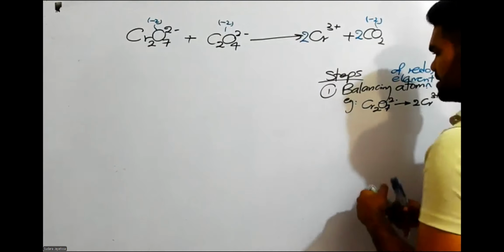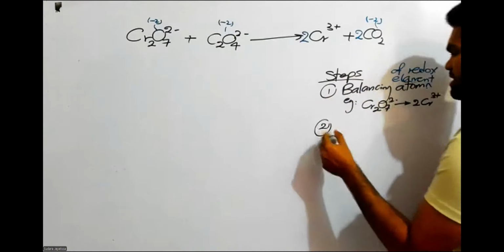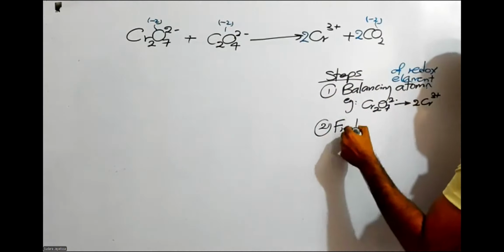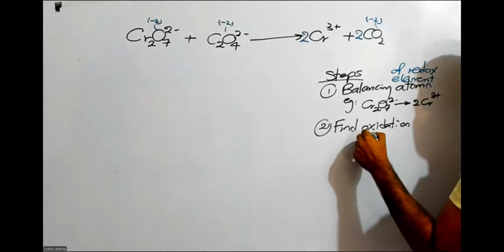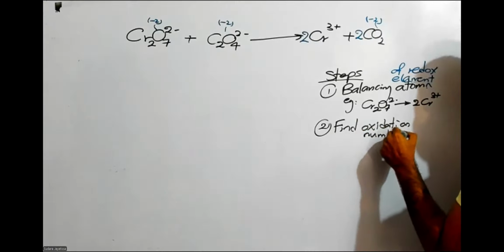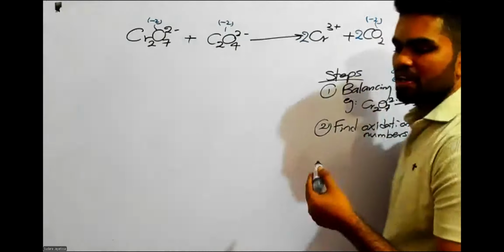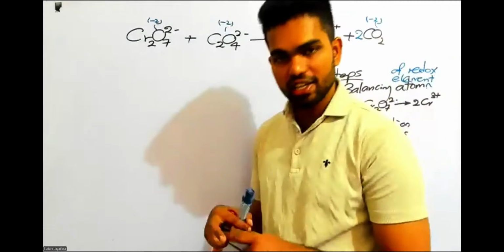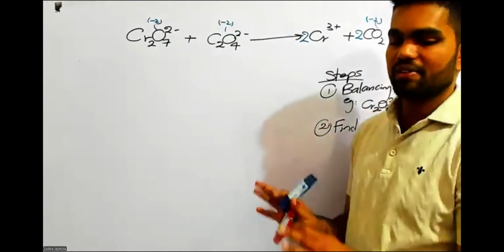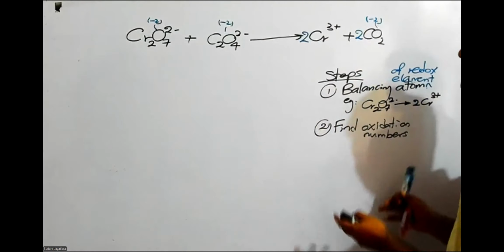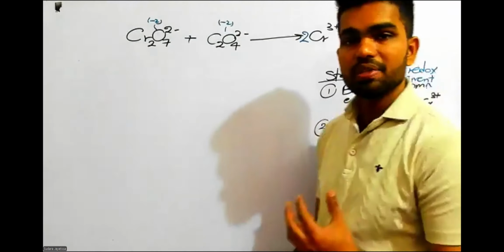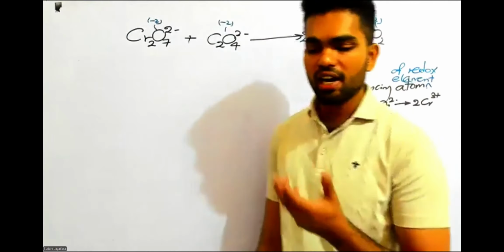Now, the second thing we must do is find the oxidation number. All these things are nicely noted, with tables and everything, in your theory tube. So just go look at that one. For the review, you can note this down, okay? So find oxidation number. What are the oxidation numbers here of chromium and carbon?